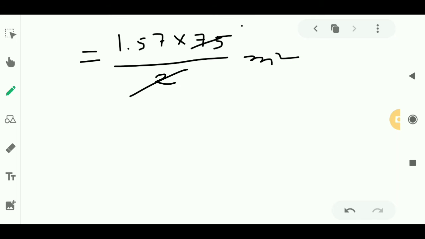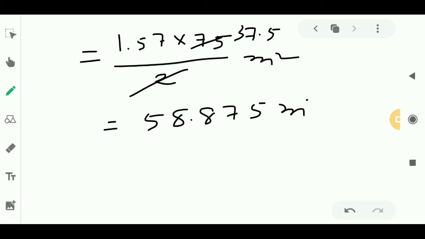So we will have 1.57 into 75 by 2 meters square. 75 if I cancel with 2 it will be 37.5, and now we will multiply 37.5 and 1.57. So it is 58.875. So 58.875 meters square will be the increase in grazing area.